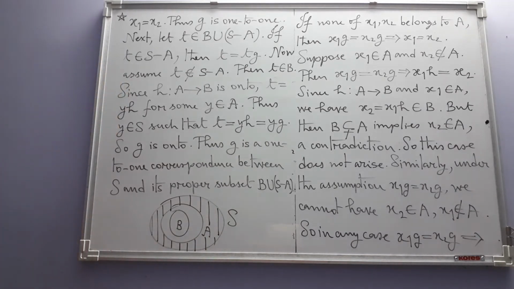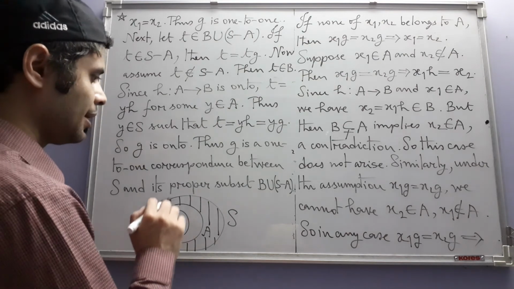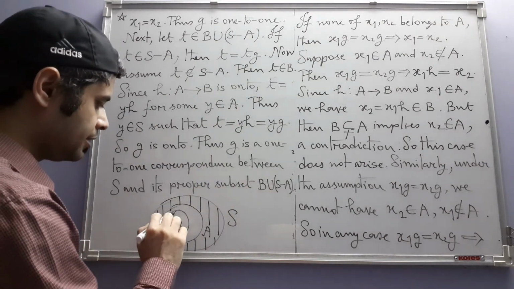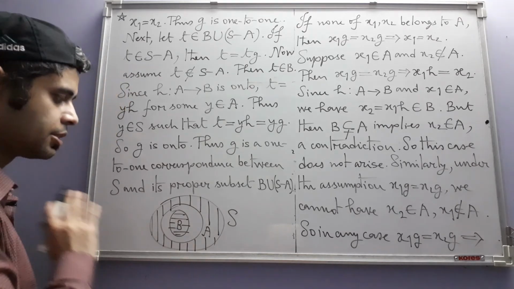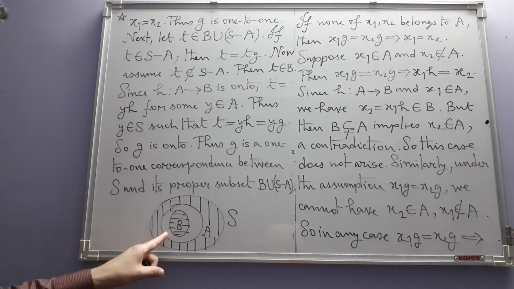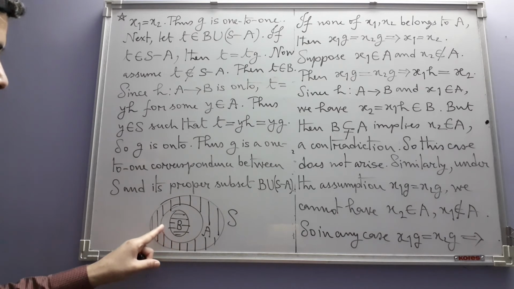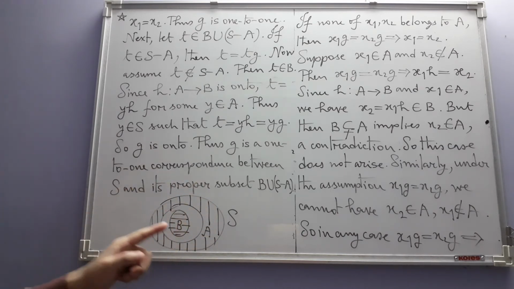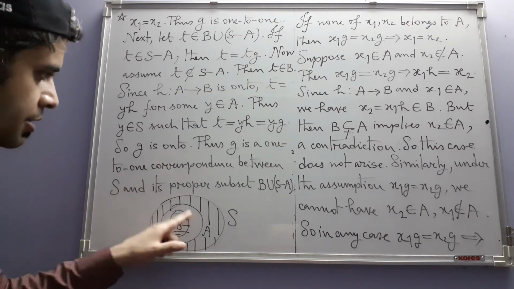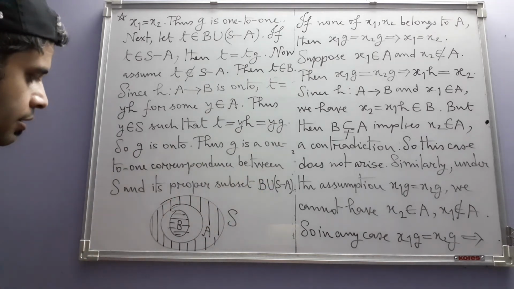This is S minus A. And with that we are uniting B. So this is the union. The internal annular part between these two striped regions is not there in this set.